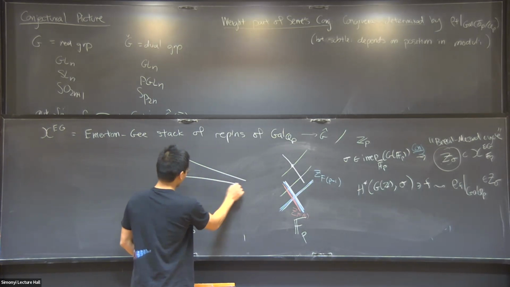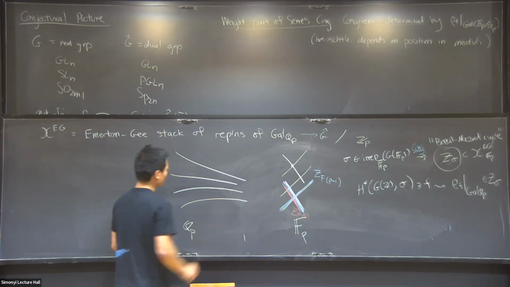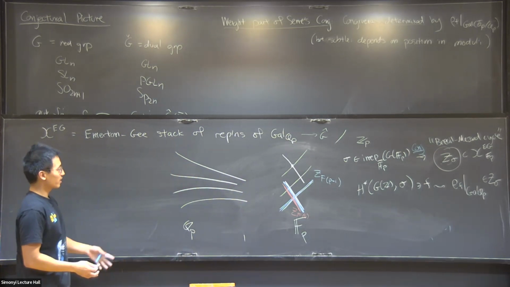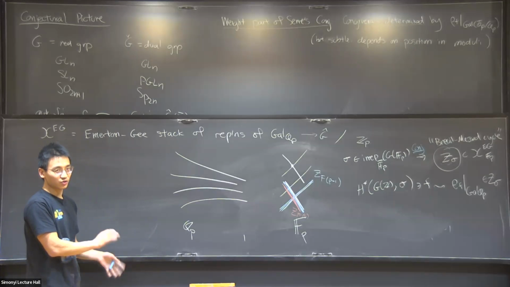So basically, when we look at representations of the Galois group in characteristic 0, we have this tool, p-adic Hodge theory, and it allows us to assign various discrete invariants to representations.